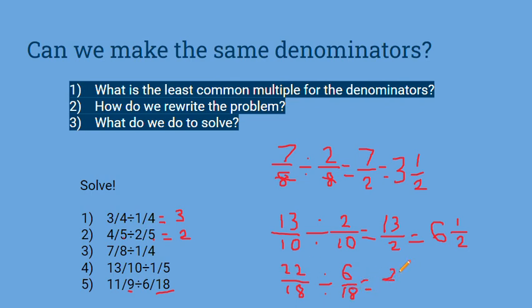That gives me 22/6. 6 will go in there 3 times. That leaves me with 4/6, or 3 2/3.